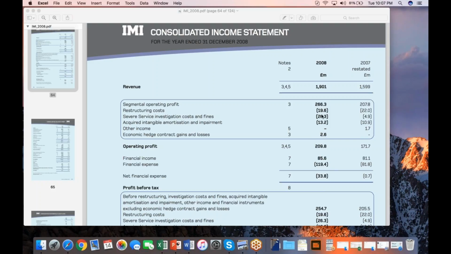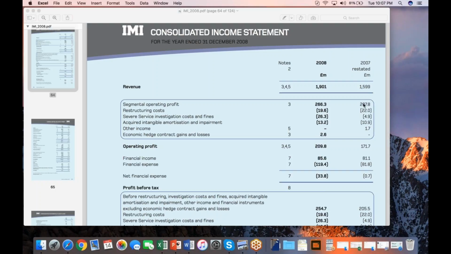So 266.3 plus 2.6 comes out to be 269, roughly. Professor uses 269 as operating profit. Now let me show you that. And so this is interesting. For 2008, she uses 269.